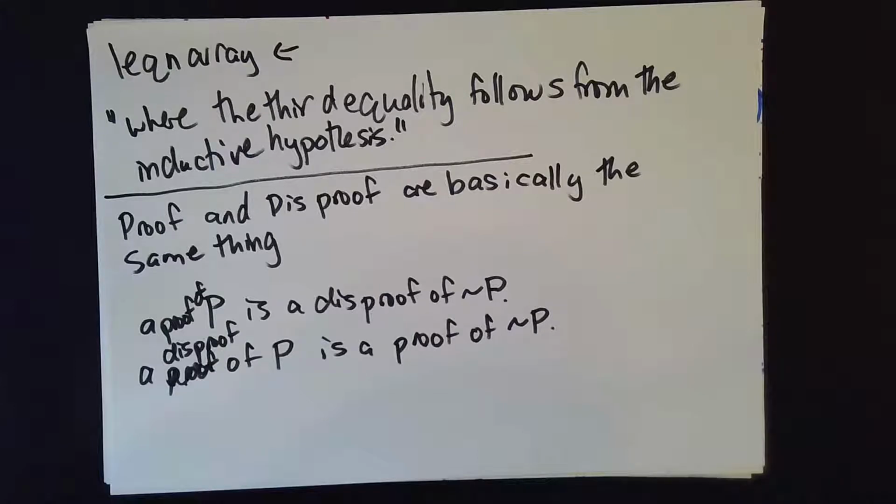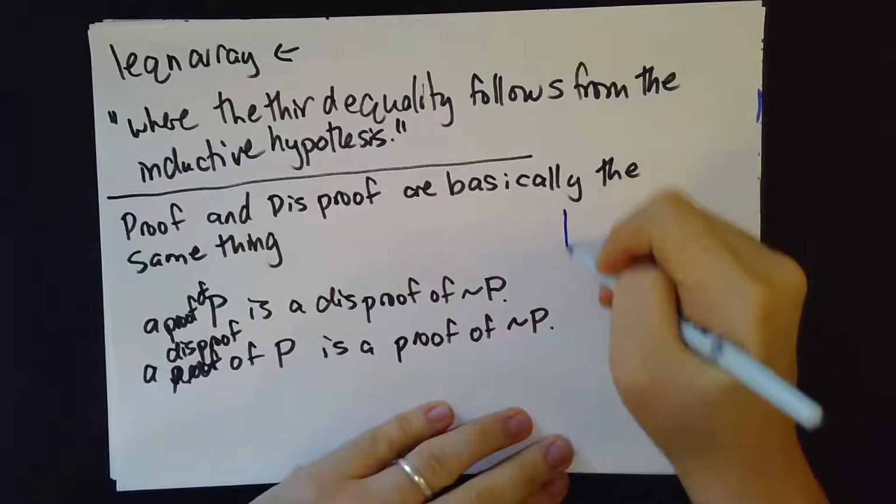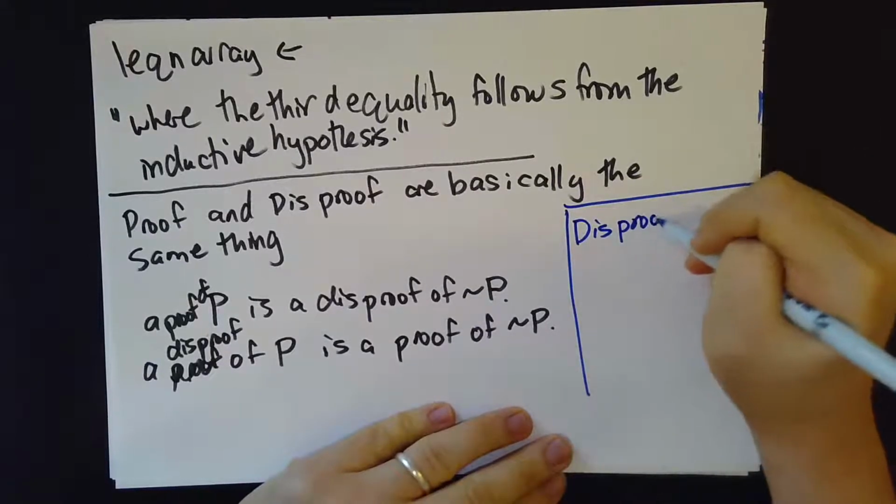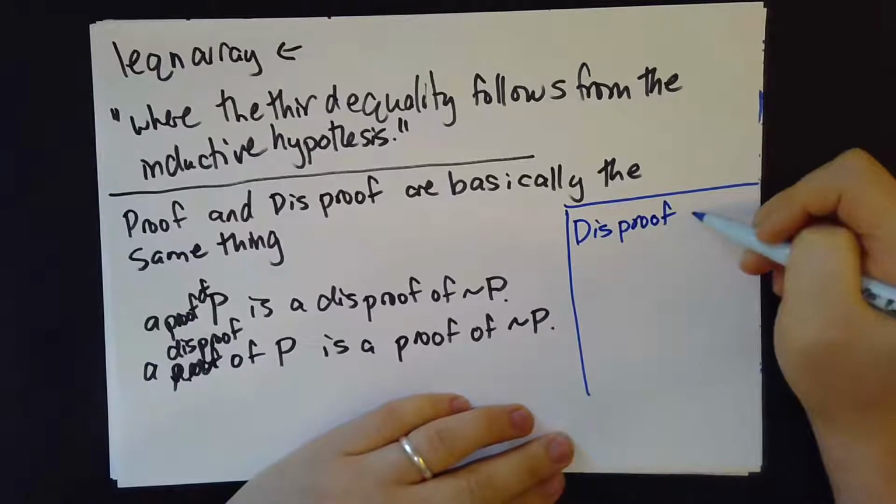It's just a question of whether the thing that's written is the true thing, or the negation of the thing that's written is the true thing. And so I think a lot of the distinction here comes from the fact that we tend to associate disproof with counterexamples.